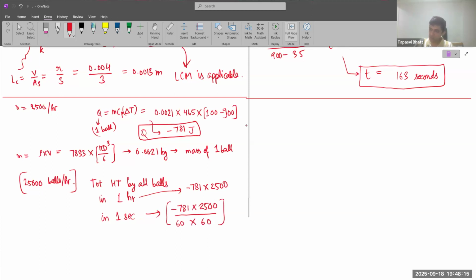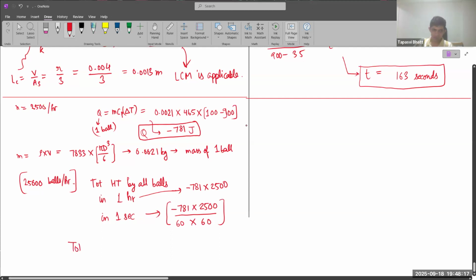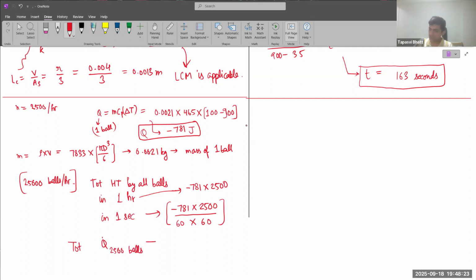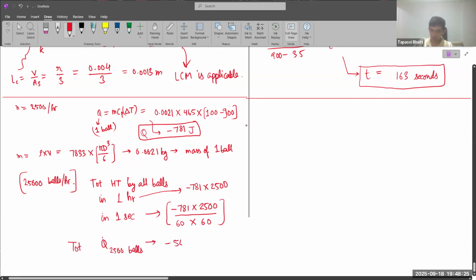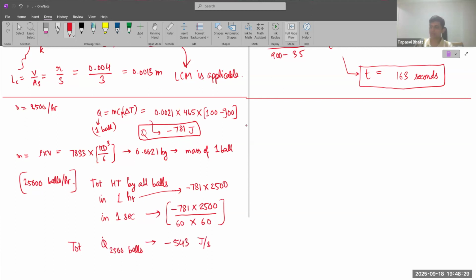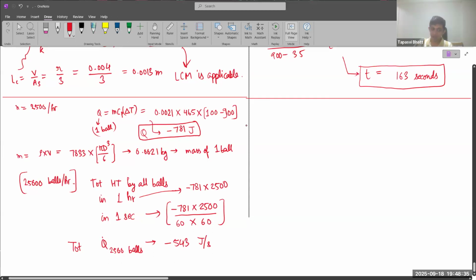So from this, we will get the total Q dot of 2500 balls as minus 543 joules per second, right? Joules per second, which is watt. So minus 543 watts is the final answer.